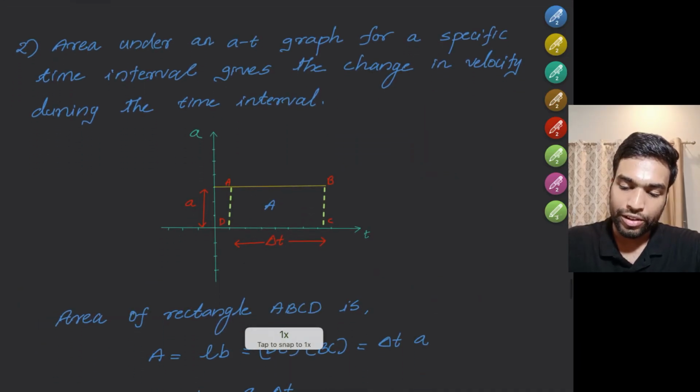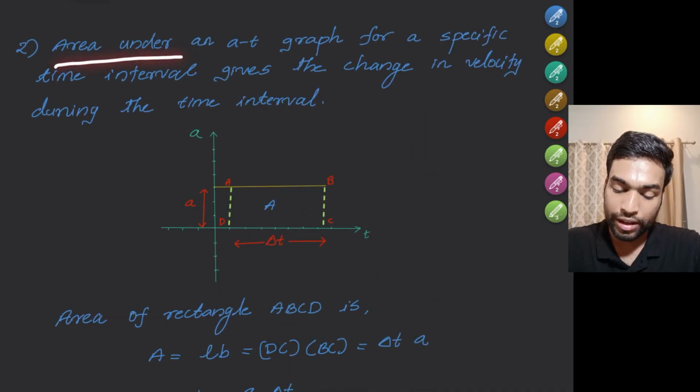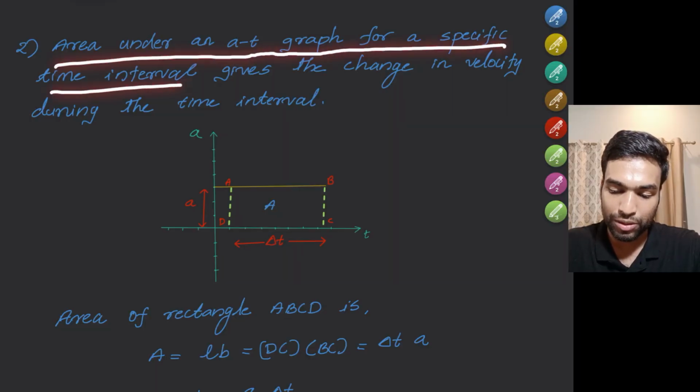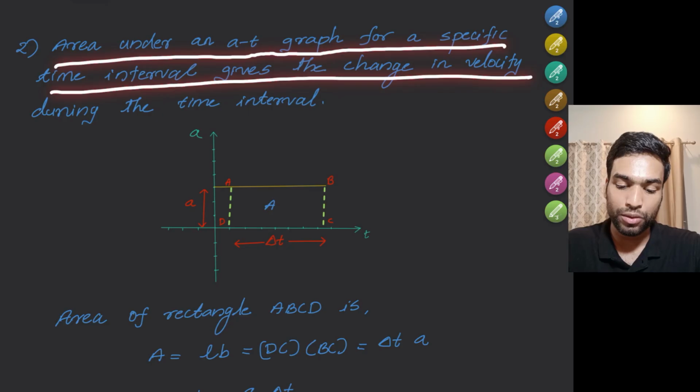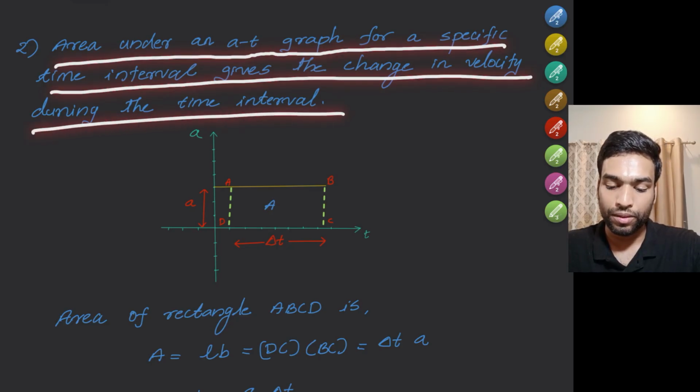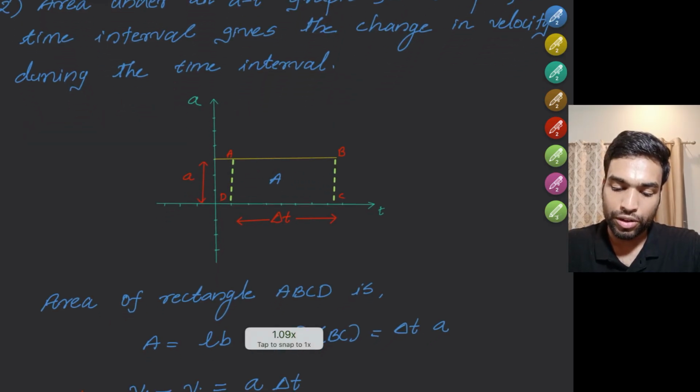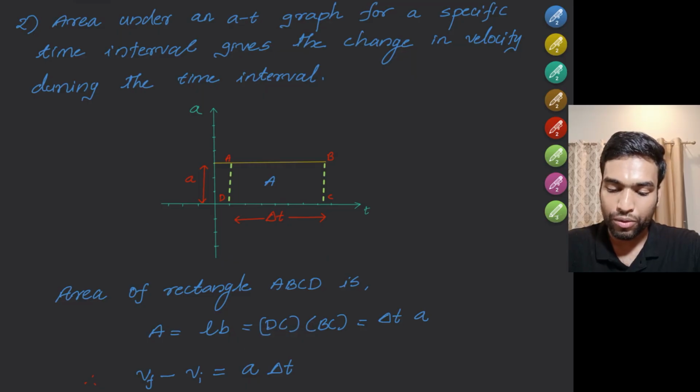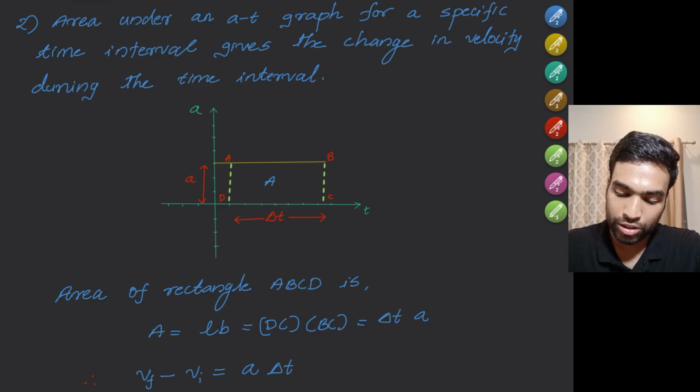Now, another interesting thing is that the area under an acceleration versus time graph for a specific time interval gives the change in velocity during the time interval. Right? So let's concentrate on this a-t graph. Of course, this a-t graph corresponds to uniformly accelerated motion, and I'm taking this time duration delta t.